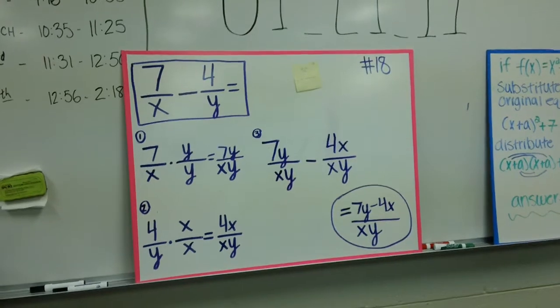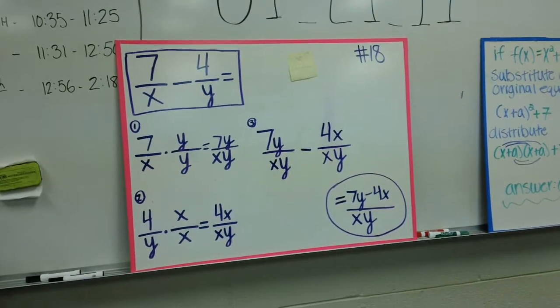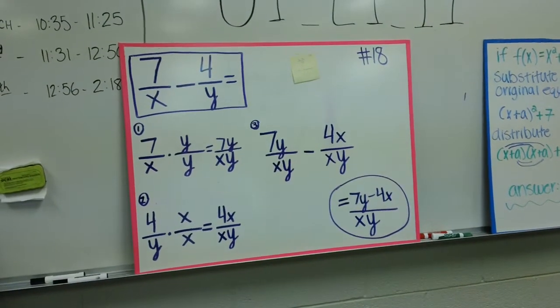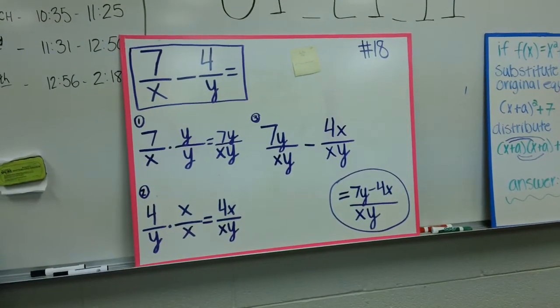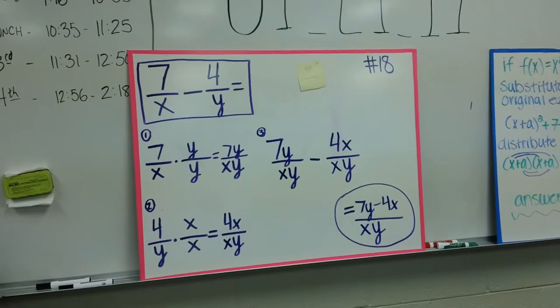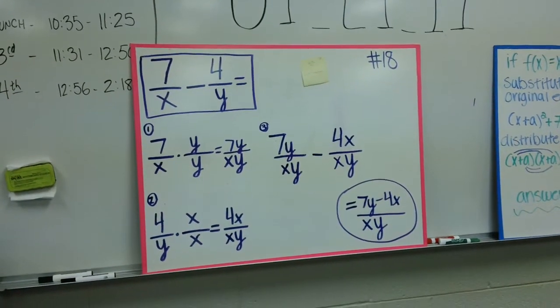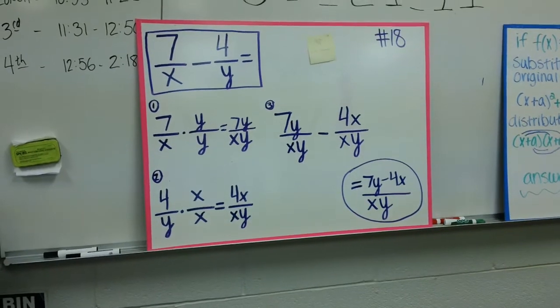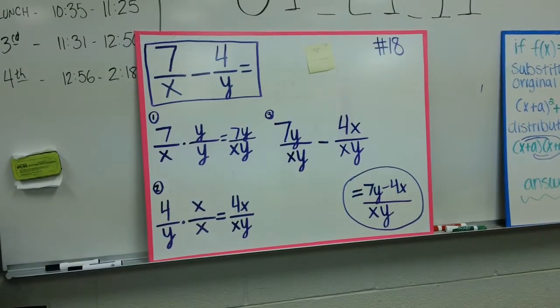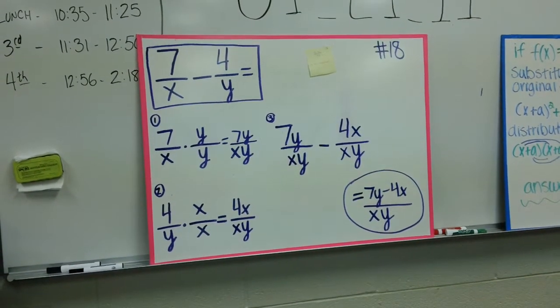So x over x is the same as multiplying 4 over y times 1 to give you 4x over xy. And then your next step is to just subtract them, and when you do that, you're left with 7y minus 4x over xy, which cannot be simplified. So that's your final answer.